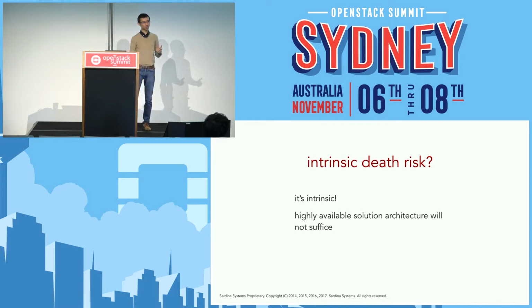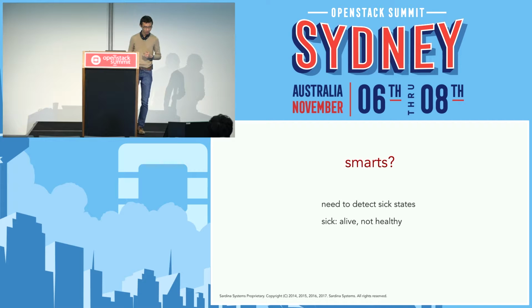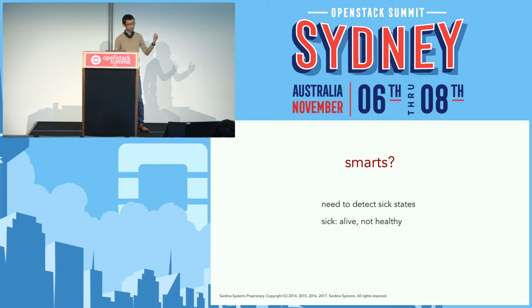So for intrinsic risks, the traditional HA model will not suffice. So what do we need to do? We need to look at 6 states. When something is sick, it is not healthy, but it's alive.